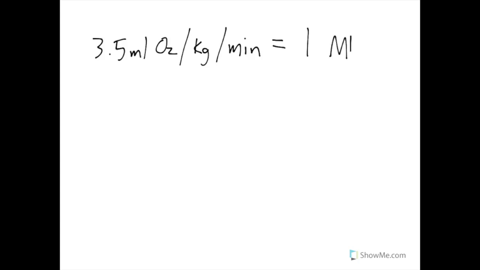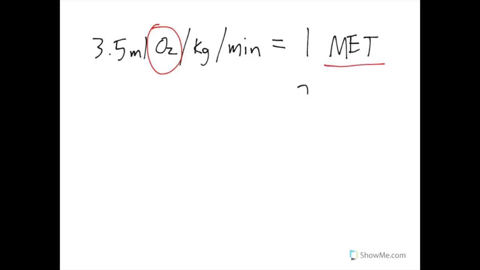So in broad strokes here, we're going to begin with some basic terms. At rest, our bodies all consume approximately 3.5 milliliters of oxygen per kilogram of body weight per minute. Now that might be a complex equation, but fortunately there's a very easy equivalent term called 1 metabolic equivalent, or 1 MET. And as our body exercises, it'll progressively increase its use of oxygen, which will slowly increase the MET level.